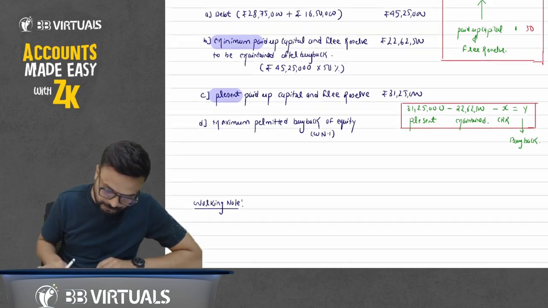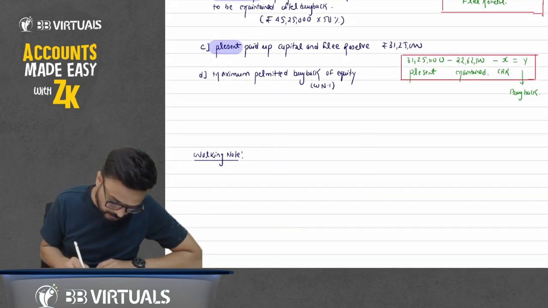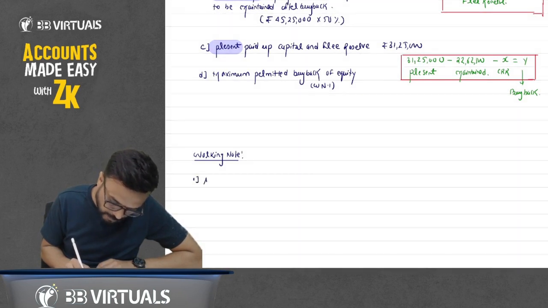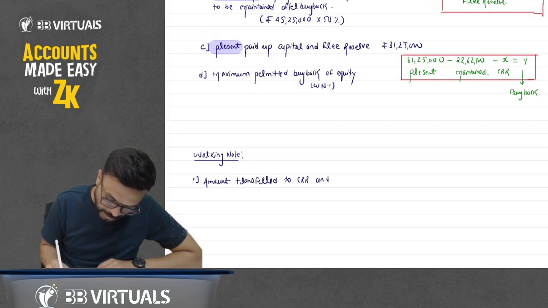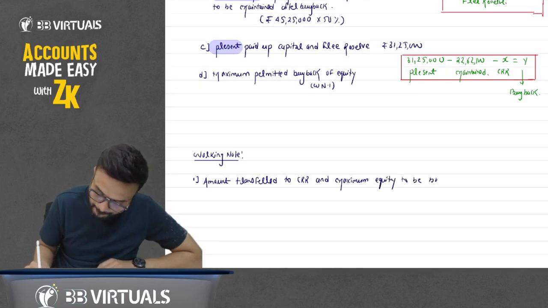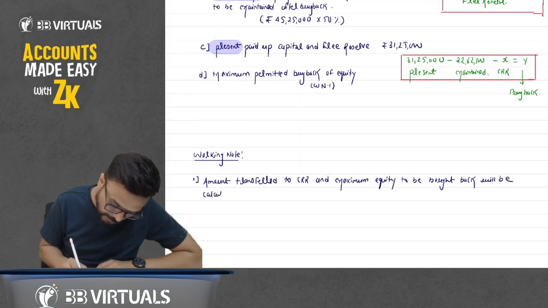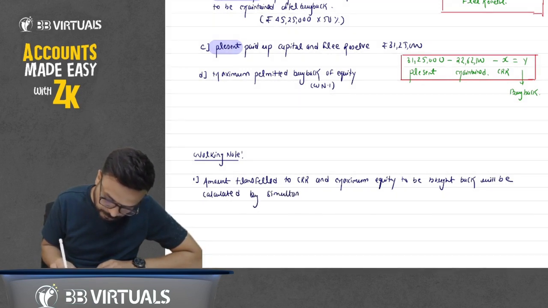Write down here: first, amount transferred to CRR and maximum equity to be bought back will be calculated by simultaneous equation method.